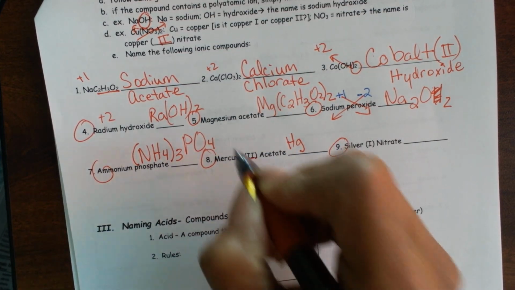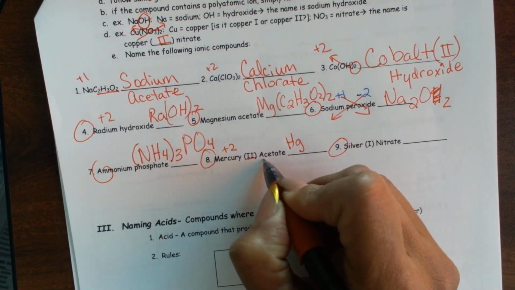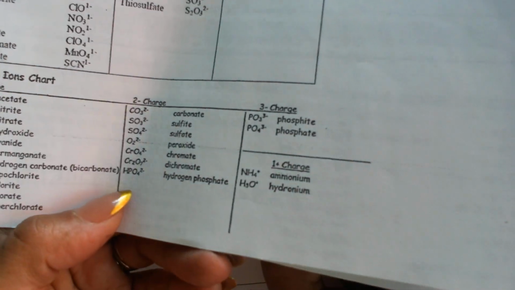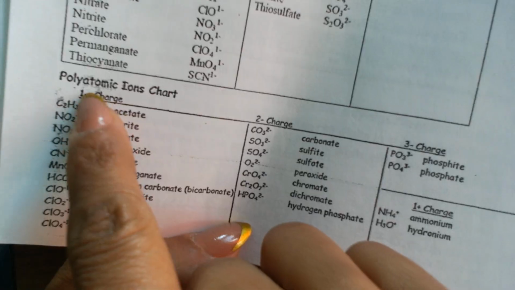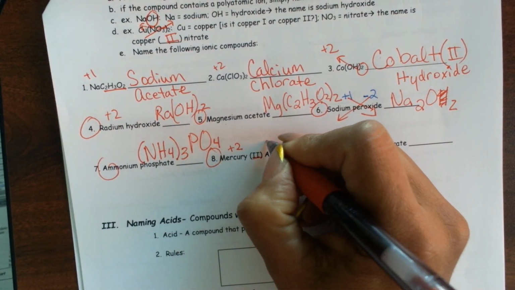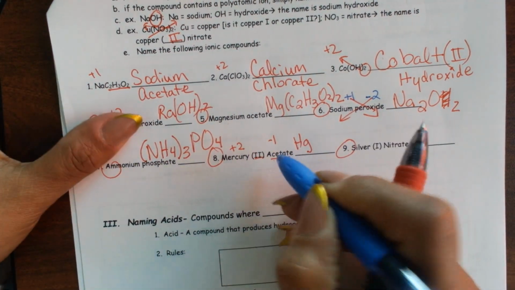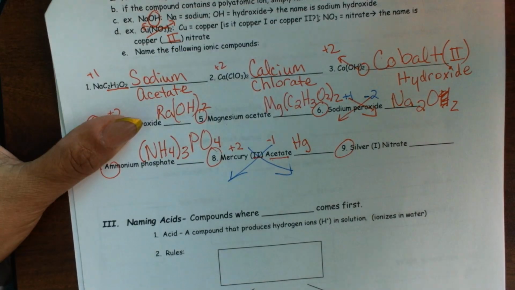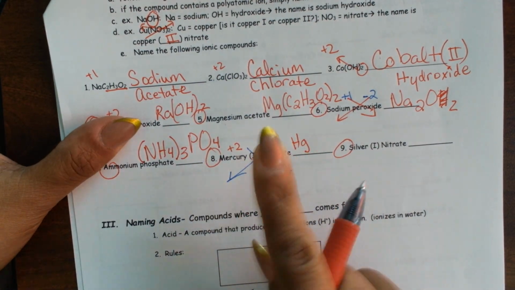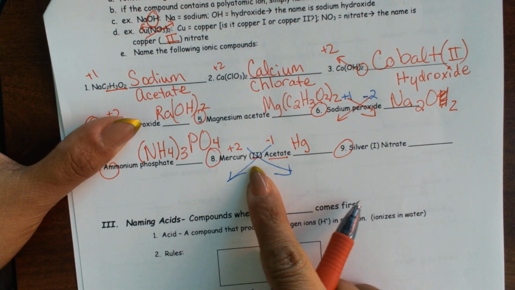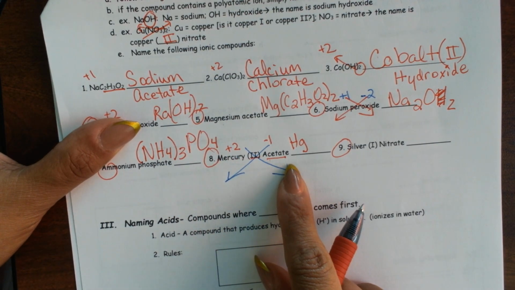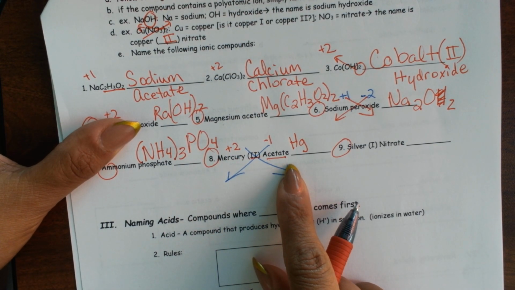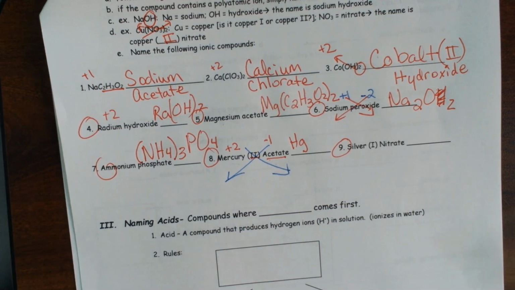Well, this 2 means that it has a +2 charge, and acetate, which is over here, has a what charge? -1 charge. I agree. And when we crisscross those over, this Hg doesn't have a number behind it, but this is a polyatomic, and the 2 is going to crisscross over, so we need to have a what before we add that 2?